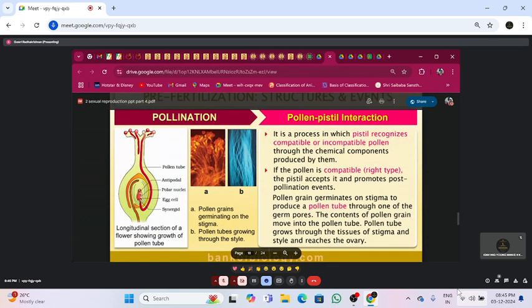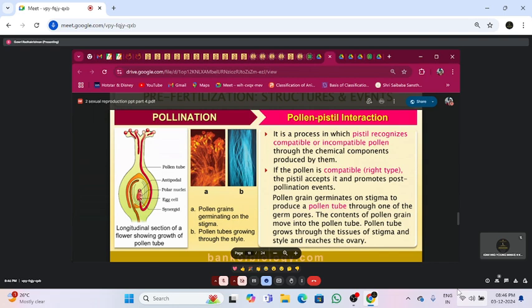Now, the pollen-pistil interaction, how is it done? The pistil recognizes compatible and incompatible pollen through the chemical components produced by them. If the pollen is compatible, the right type, it can germinate on the stigma.